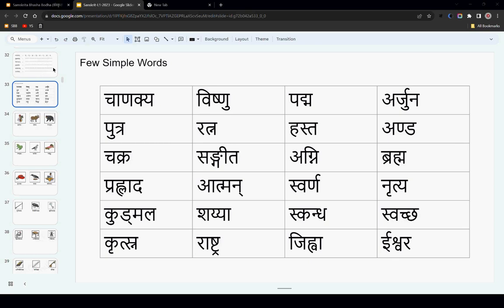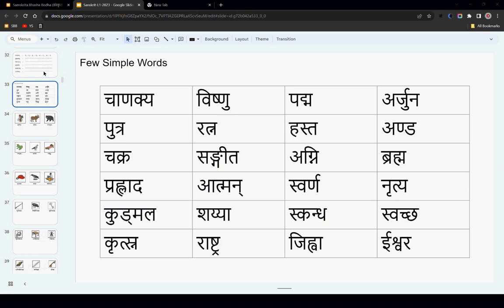Padma. Arjun, Putra. Ratna. Ratna. Ratna, Hasta, Andhra, Chakra, Sangeeta.